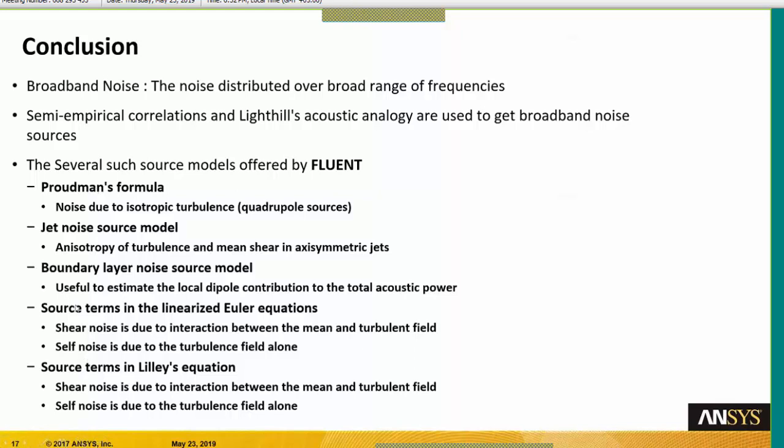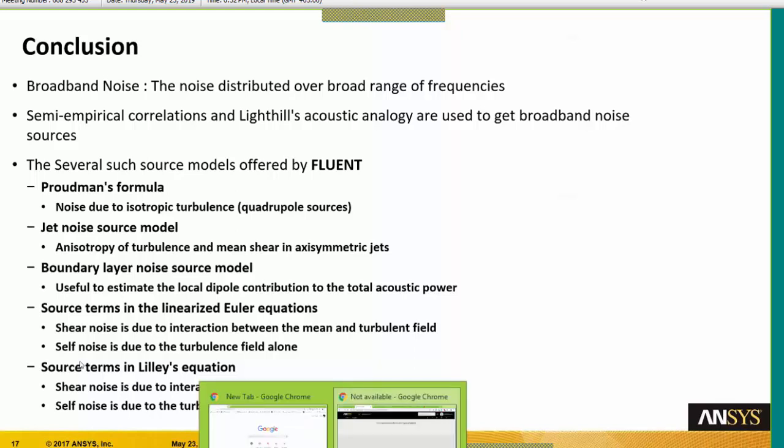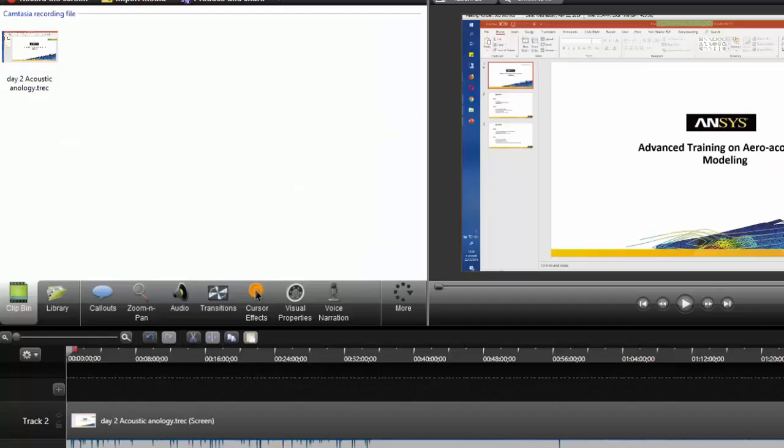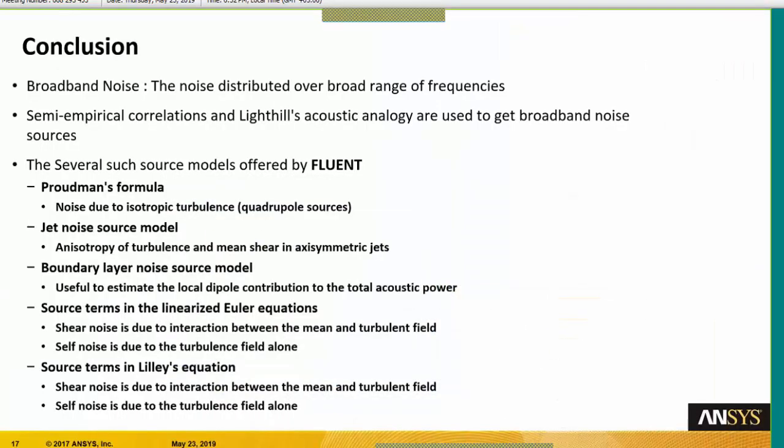And for the last 2 models, you are rebuilding an acoustic field. From the realizations of this acoustic field, you are going to extract a mean source term corresponding to the contribution of noise, shear noise and self noise, for both source terms in these linearized equations.